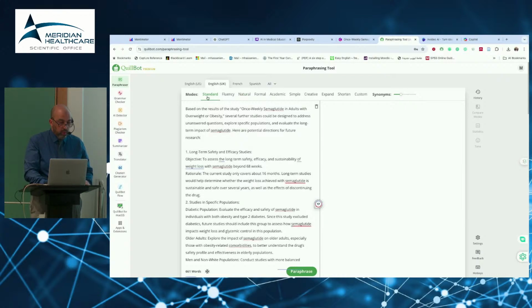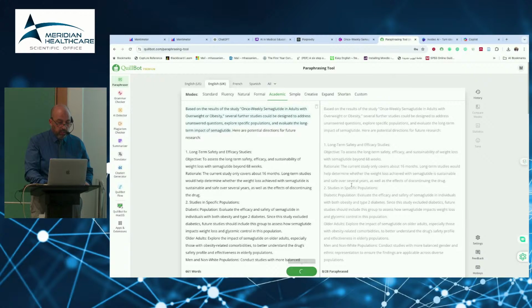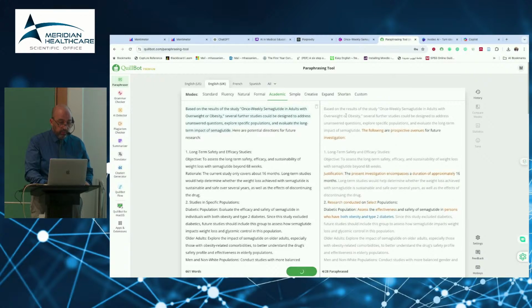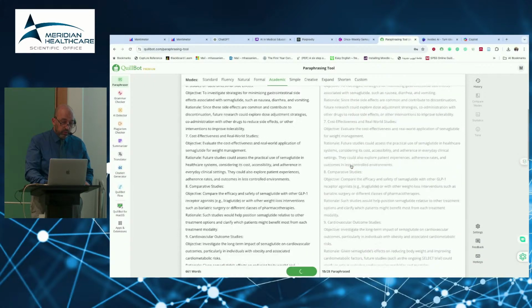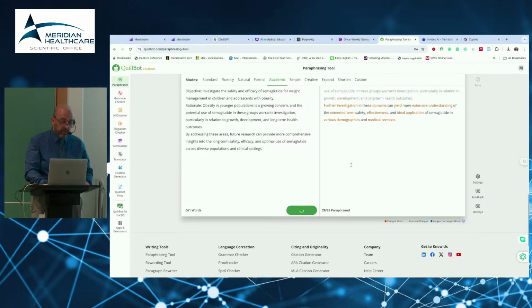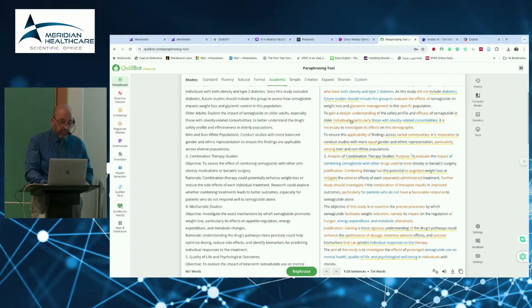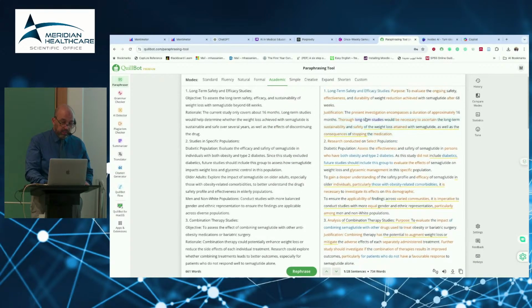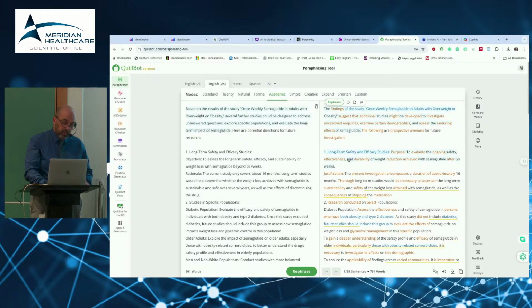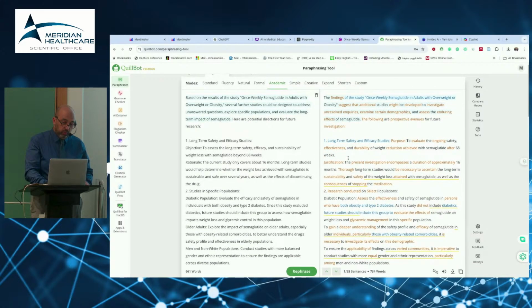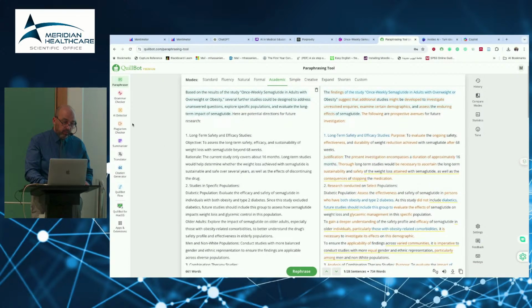It will ask you what you need: standard, fluent, natural, formal, academic, simple, creative, whatever. I need it academic. Then ask it to paraphrase, and it will be paraphrased here. So this is paraphrasing. And the change in color marks the text which was paraphrased by QuillBot.